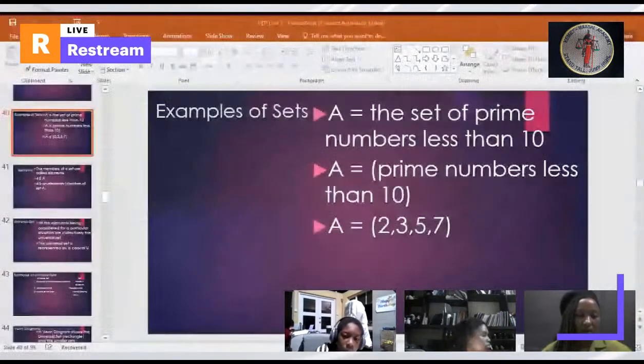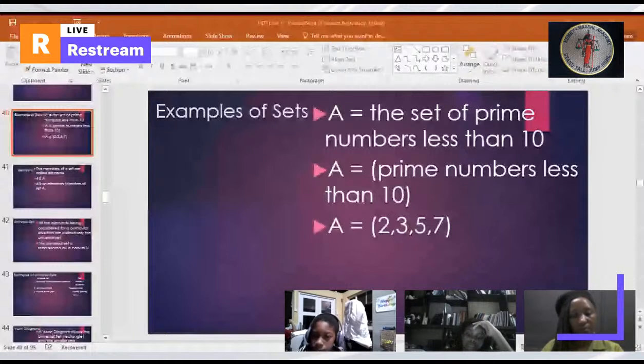An example of a null set is even numbers between 11 and 11.5, correct? Because there are no even numbers between 11 and 11.5.